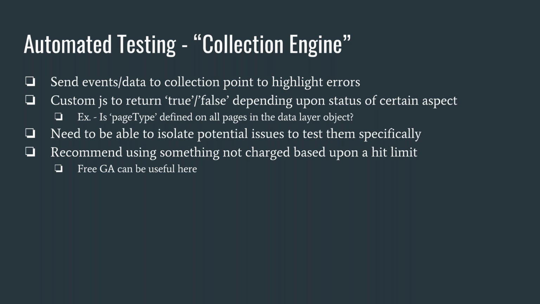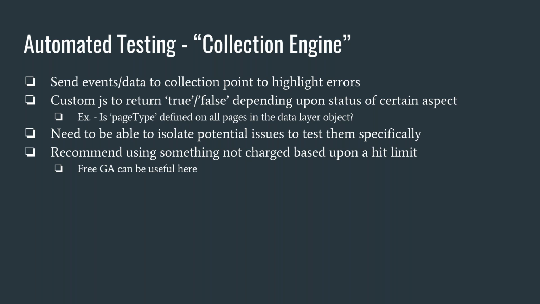One drawback of this is that you're going to need to be able to isolate potential issues to test them specifically. It's very difficult, well, possible, but it's going to take a lot of effort to create some of these events and different macros and variables and custom JavaScript within the tag management system for every single piece of tracking that you're doing within the data layer.